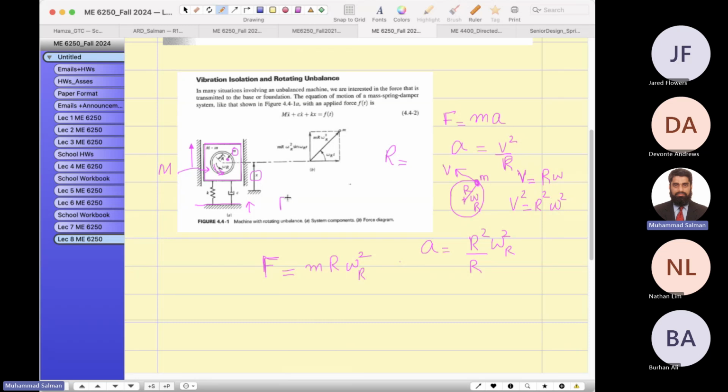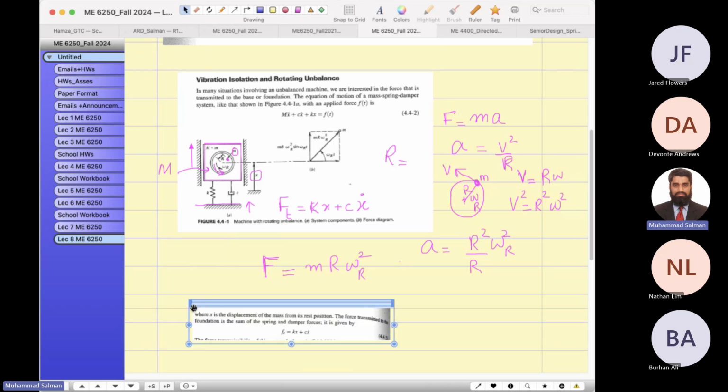I'm concerned more about the force transmitted, so the force due to the spring is k times x. This is the transmitted force to the foundation due to the rotating unbalance.